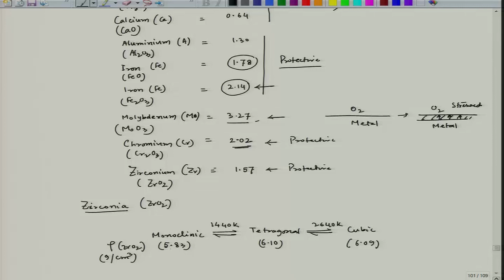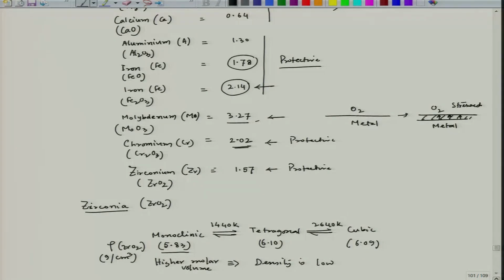Now, interestingly, if the density is low, that means it has a higher molar volume, and vice versa. That means, if the density is more, the molar volume would be less for that oxide.